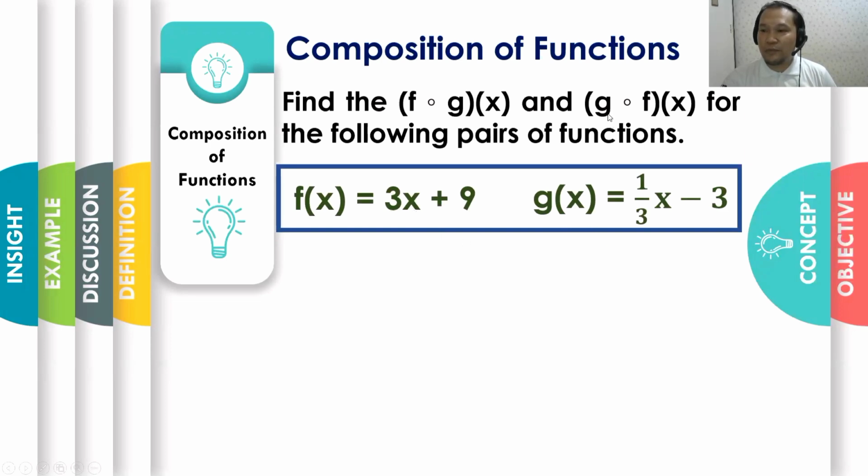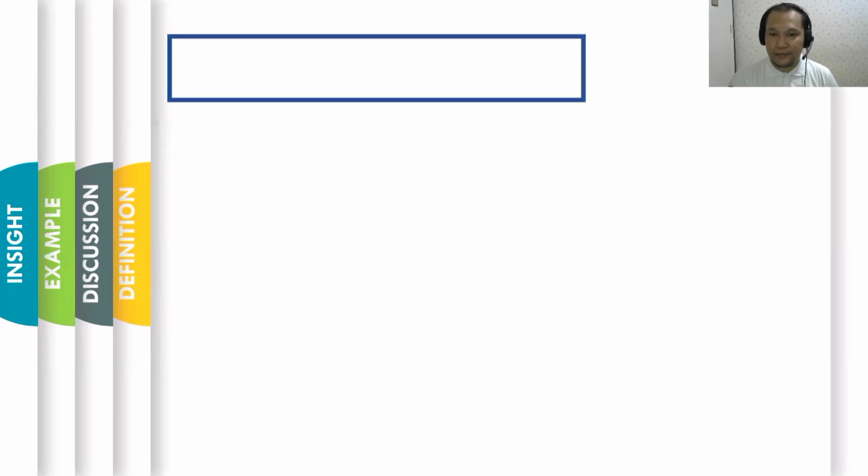And if you are going to perform g composite of f, it is understood that you have to replace x for g of x with 3x plus 9. Okay, now let me show how we are going to find the composite of the given pair of functions.